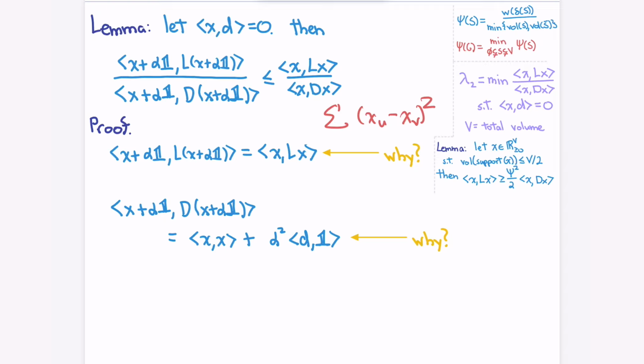Okay. Now for the denominator, I'm claiming that if you expand this out, there should be a cross term, right? There should be a 2x alpha 1s, but there's no cross term here. I've zeroed it out. So the question is why?